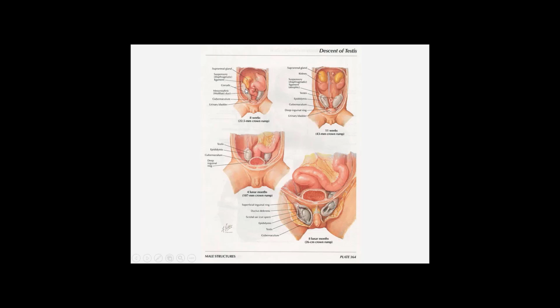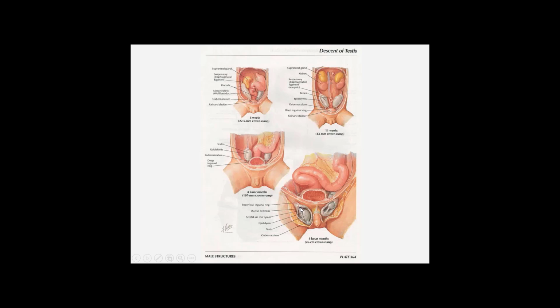Most semesters when we do lab, if we were to be dissecting, say, a pigeon or a frog, you'd see that the testes are up in the body cavity. So the testes have to descend through the abdominal wall. They have to pass through the abdominal wall to get into the scrotum.